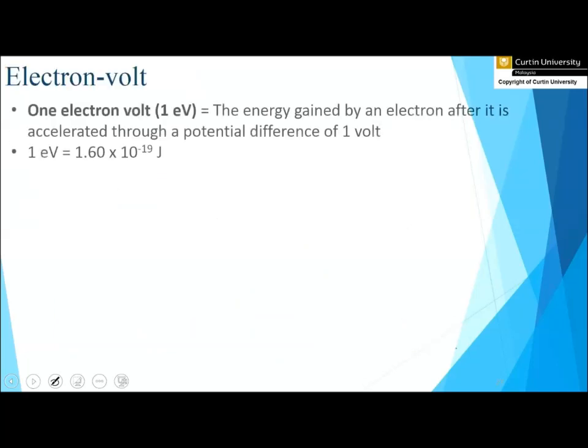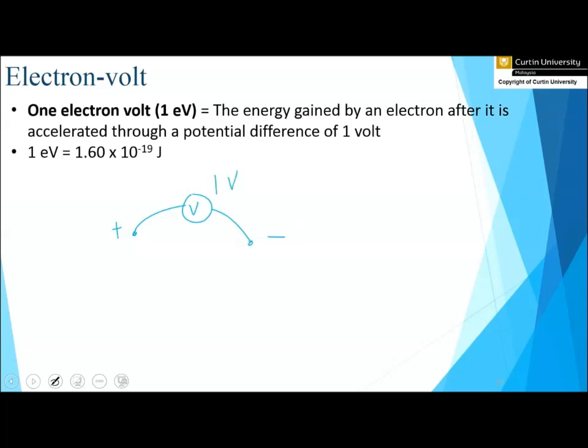Right? Last part is the electron volt. By knowing that voltage will cause the charge to do work, this is how we have come up with another measurement of energy. Under a potential difference, let's say we have two terminals, one positive and one negative, and when you measure the voltage, it gives you one voltage difference.